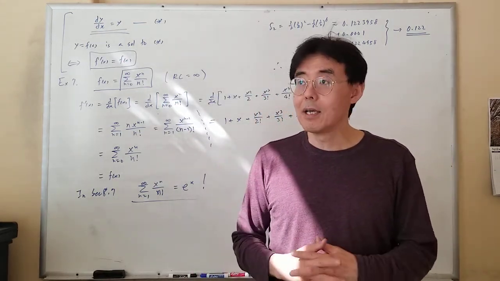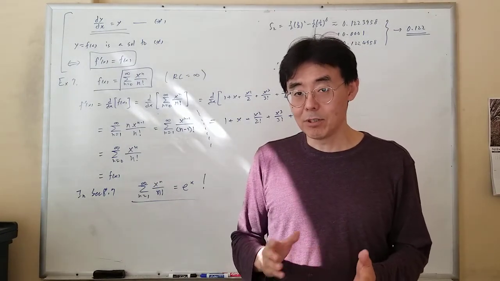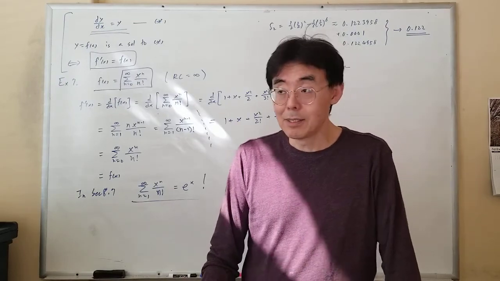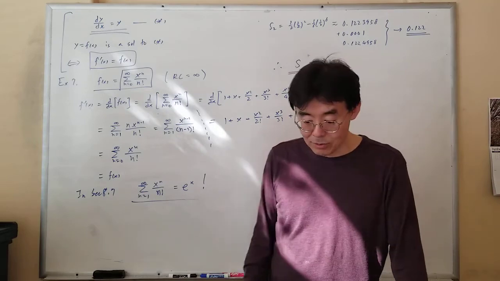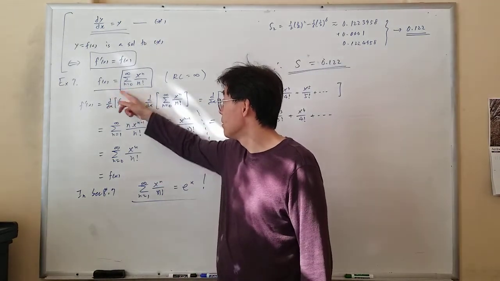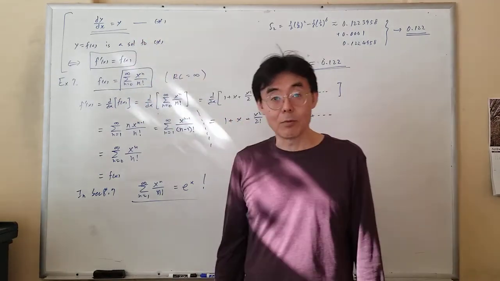I think we're going to split section 8.7 into 3 parts. Maybe it could be 3 or 4 parts. So we're going to see this one later. So anyway, this function represented by this power series turned out to be a solution of this differential equation.